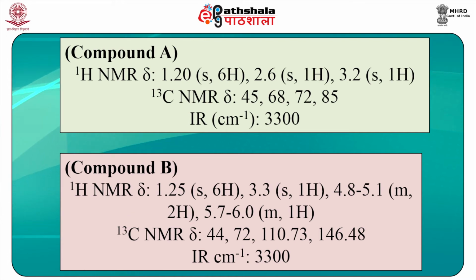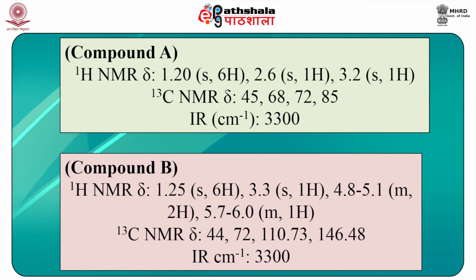The compound B shows the spectroscopic data as follows: 6 protons, singlet at 1.25 ppm, 1 proton singlet at 3.3 ppm, 2 proton multiplet at 4.8 to 5.1 delta, and 1 proton multiplet at 5.7 to 6.0 delta.